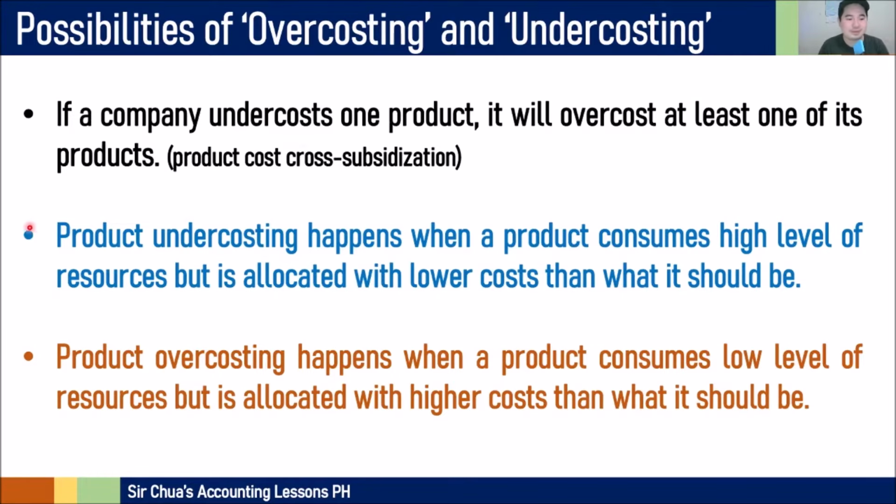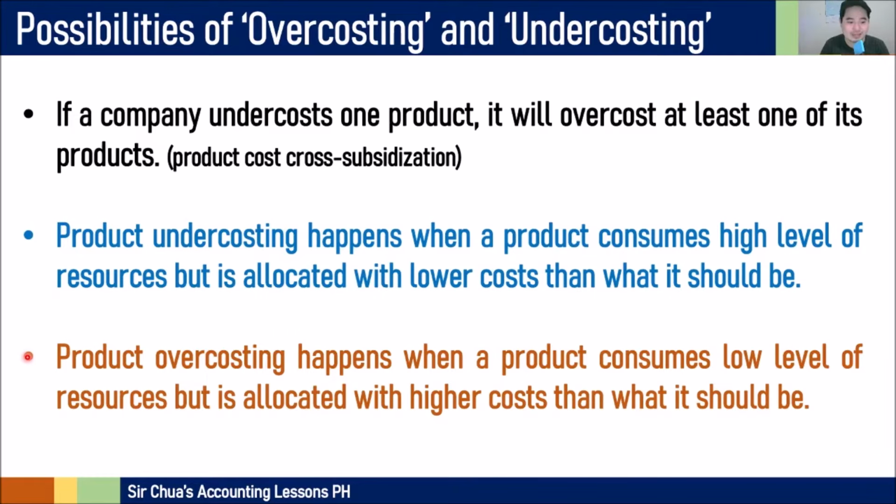Now, how does it happen? In product undercosting, this is what happens. Product undercosting happens when a product consumes a high level of resources. So it uses a lot of resources. However, because we just spread it uniformly, it is allocated with a lower cost than what it should be. The opposite is true with product overcosting.